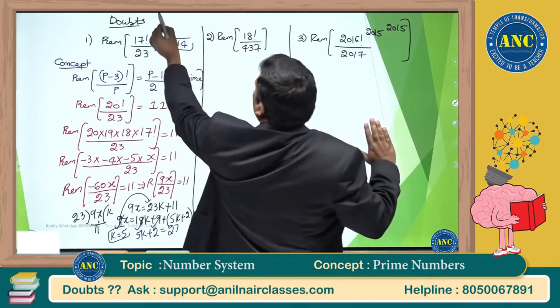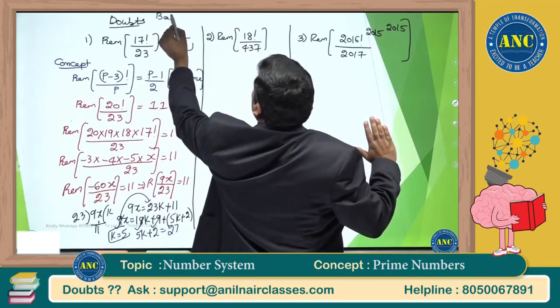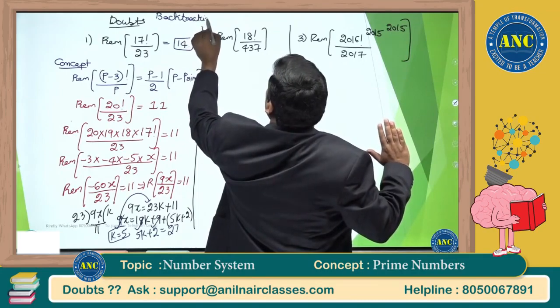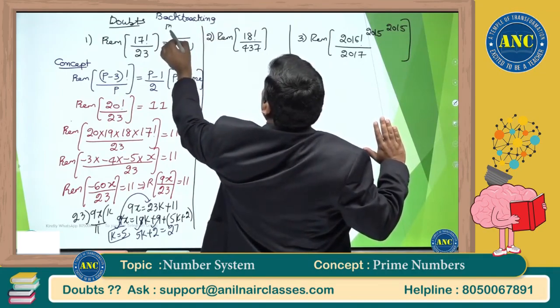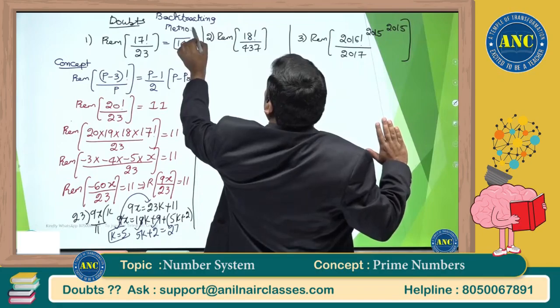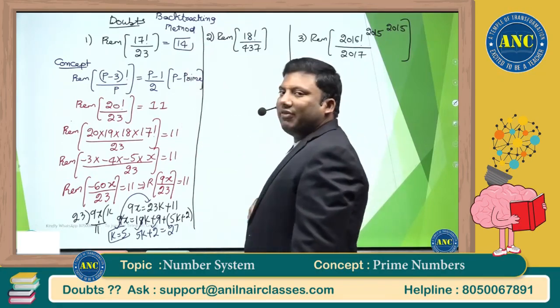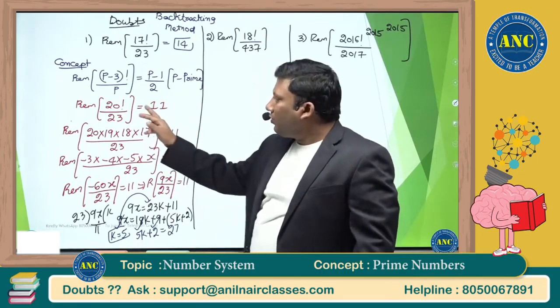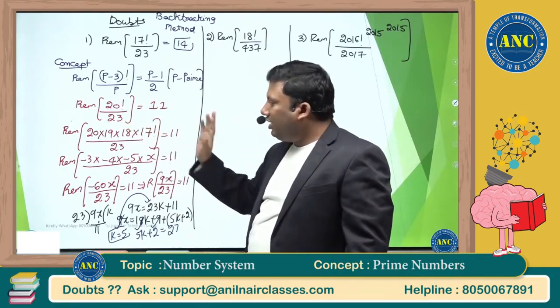What is the concept that I used in the first question? Backtracking. What is the backtracking method? It is a method where from the known we try to find out the unknown. P minus 3 factorial divided by p is p minus 1 by 2. 20 factorial by 23 is 11.